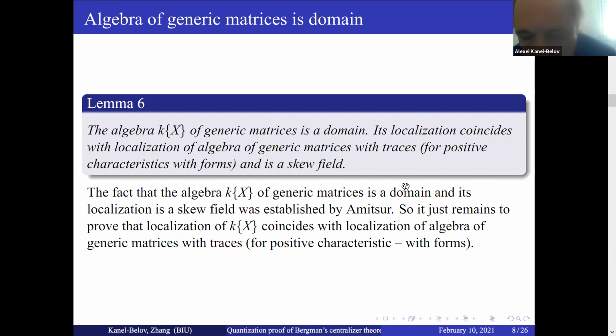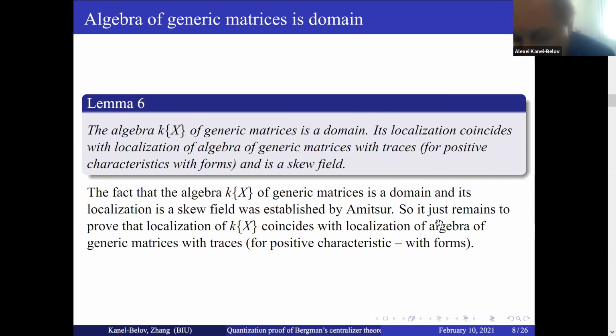You just extend the signature of the algebra by taking the trace. Or you can extend the signature to taking the determinant or all other characteristic coefficients in the Hamilton-Cayley equation. In this situation, we call this an algebra with forms. Did I answer this question?